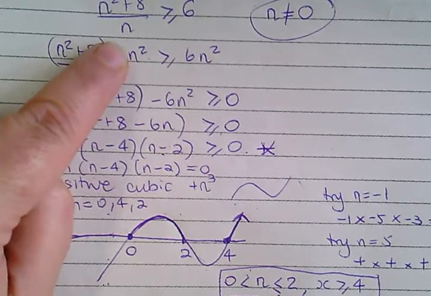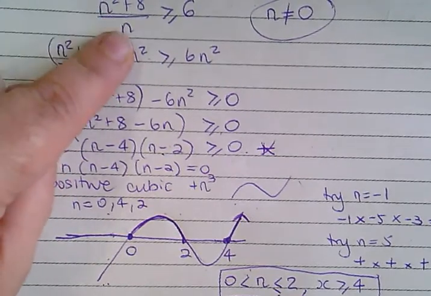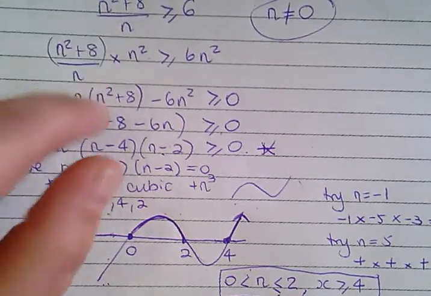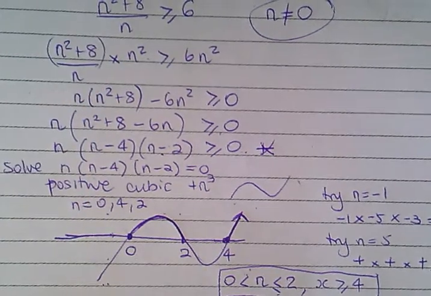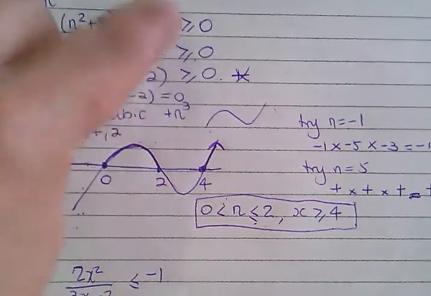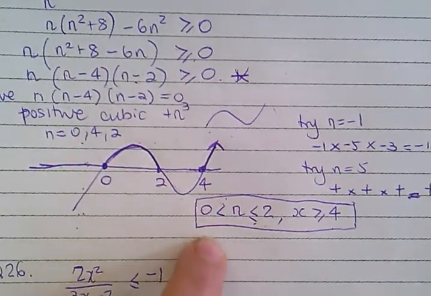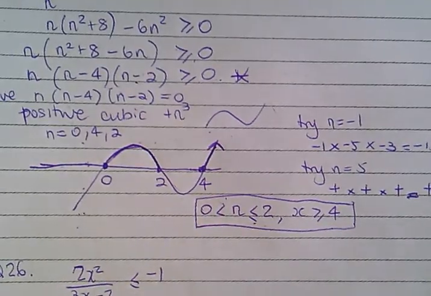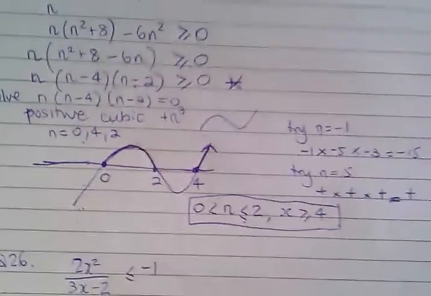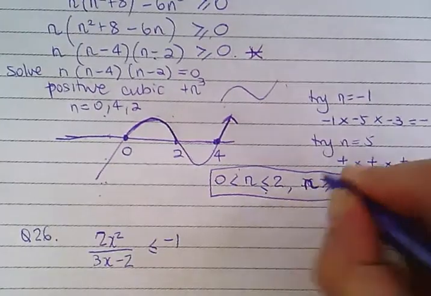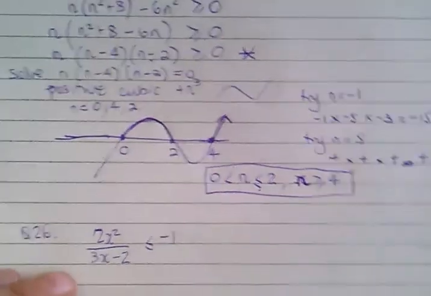And there always will be a value because you're always doing inequality with x or n in the denominator. So there is going to be a value of n that is not allowed. So with the equal to signs, there's always going to be one that's not equal in one of the bits of the answer. All right, get that down and we're going to do another question. Sorry, that's n. I meant n.